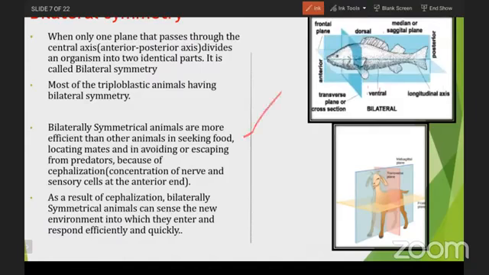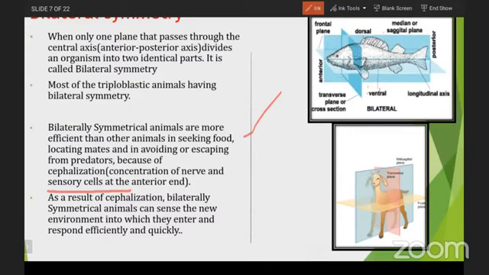Bilaterally symmetrical animals are more efficient than the other animals in seeking food, locating mates, and avoiding or escaping from predators, because of cephalization, that is a concentration of nerves and sensory cells at the anterior end. This is a very, very important point. They lead a better life than the remaining types of symmetrical animals.